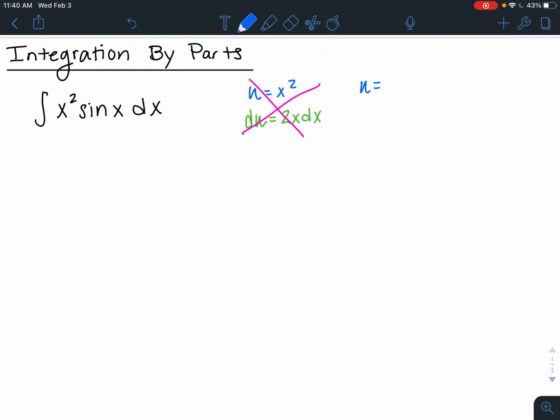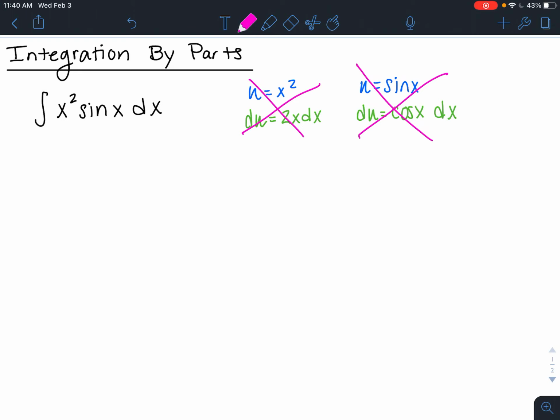The other option would be, what if I make u the sine of x? Then my du is cosine of x dx. I could replace the x squared by solving for x, which would make the arcsine of u equal to x, so we'd have arcsine squared, and now we're making it more complicated, so that's not working either.